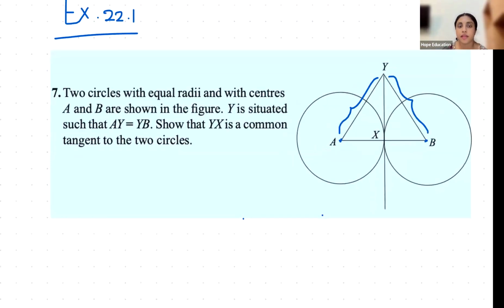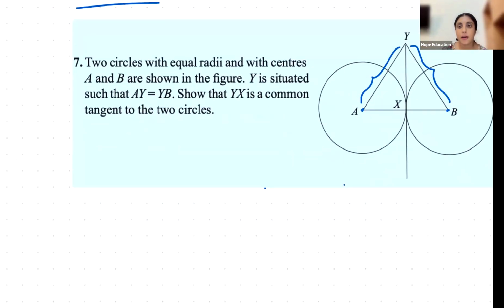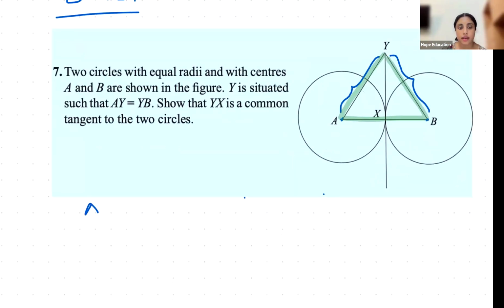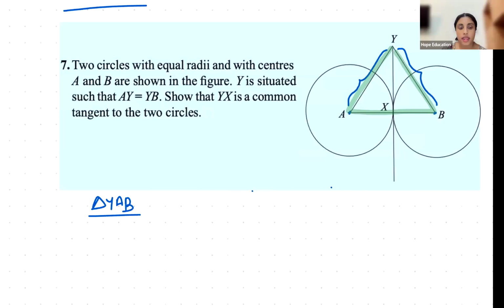Look at how to do this. Let's consider triangle YAB. In triangle YAB you can see that YA equals YB.